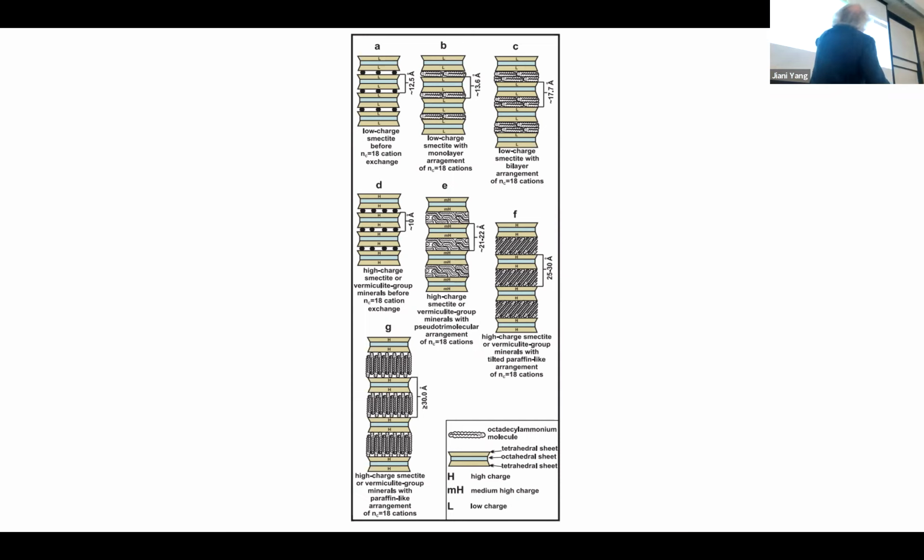In low charge, this thing just lies flat. In high charge, it forms a vermiculite with a pseudo-molecular arrangement. When you do it with very high charge, you form this bi-layer. So if you add this compound to your clays, you can tell whether it's high charge, low charge, or medium charge.